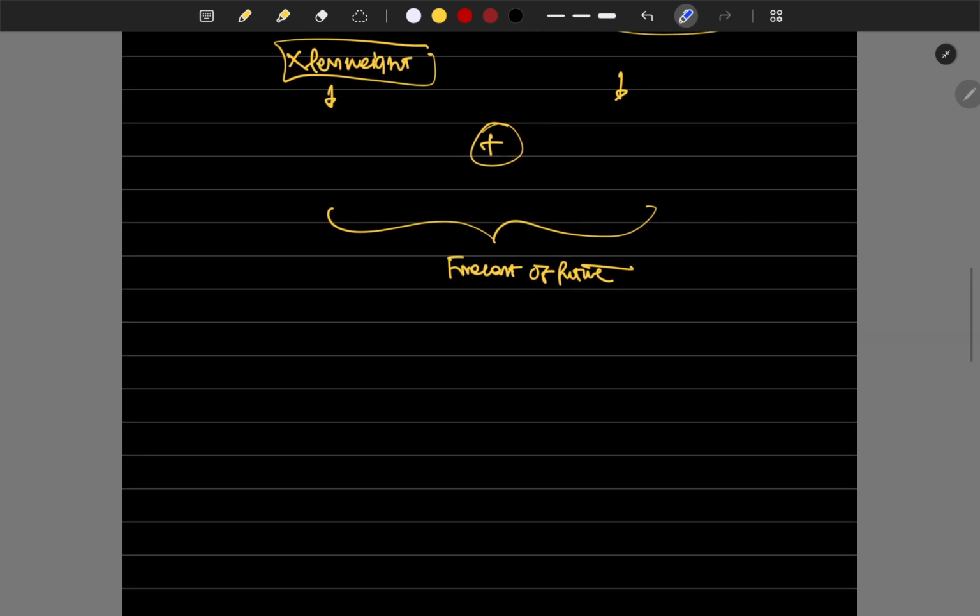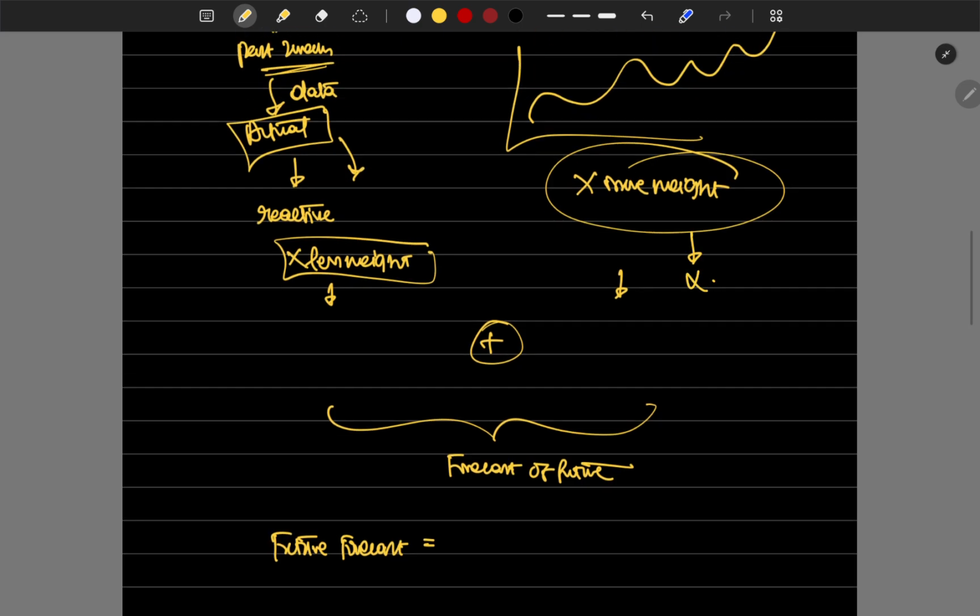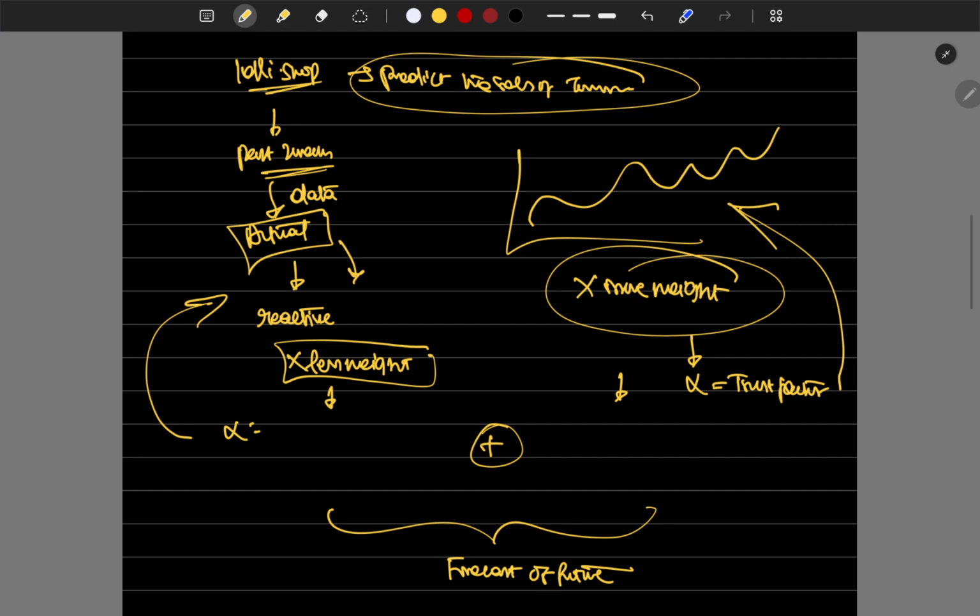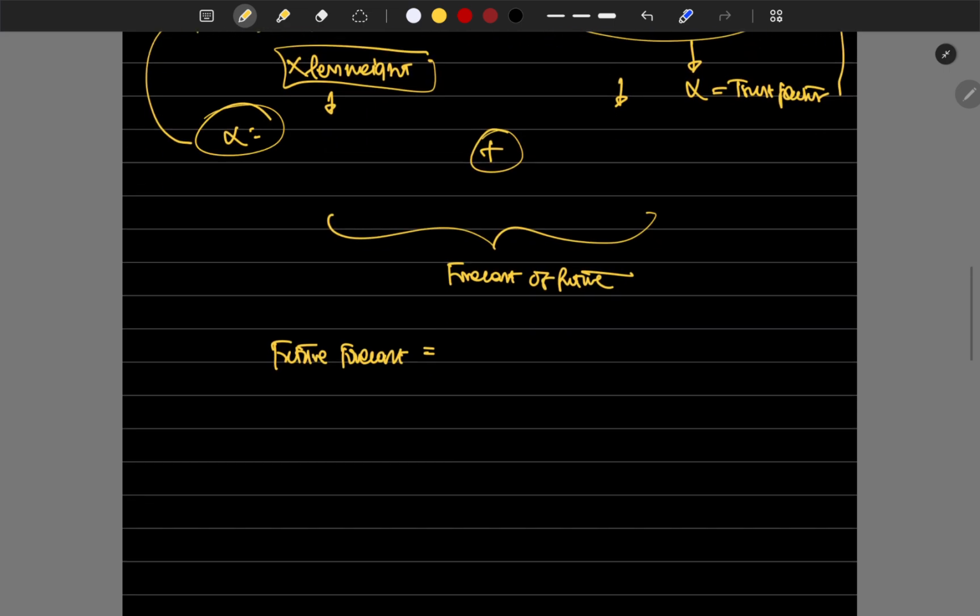So how will the formula be? Future forecast is equal to alpha into previous actuals plus 1 minus alpha into previous forecast. Alpha is nothing but the weight, the trust factor: how much I am trusting the trend value and how much I am trusting the previous actual value.